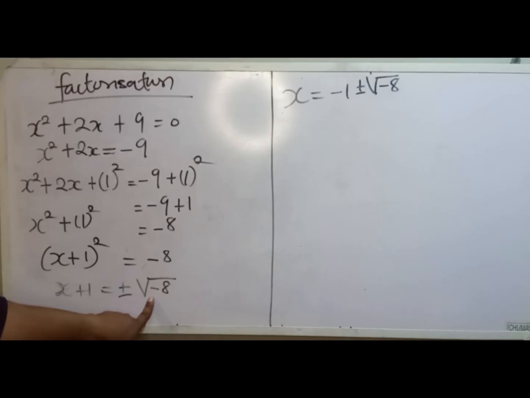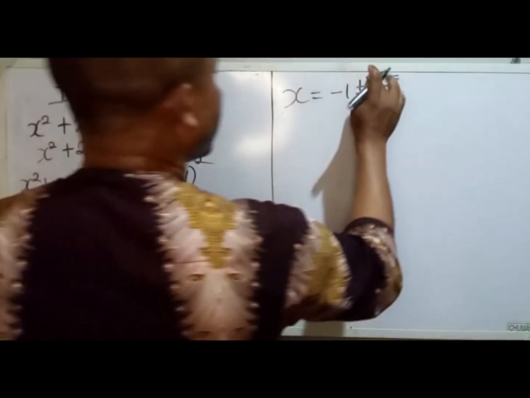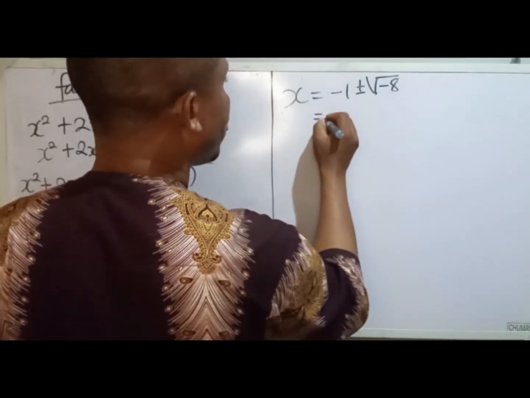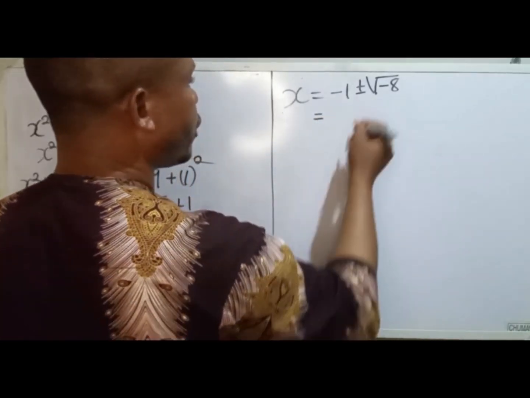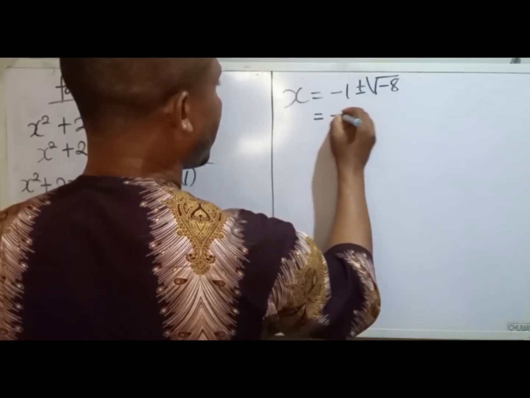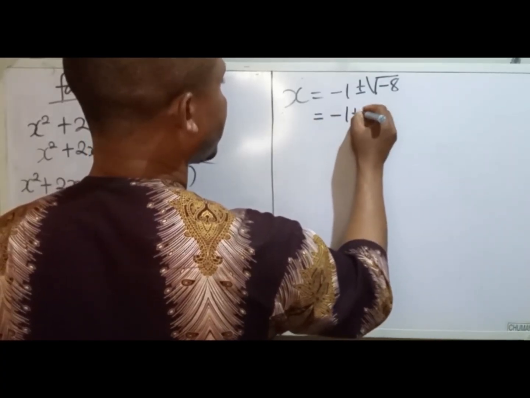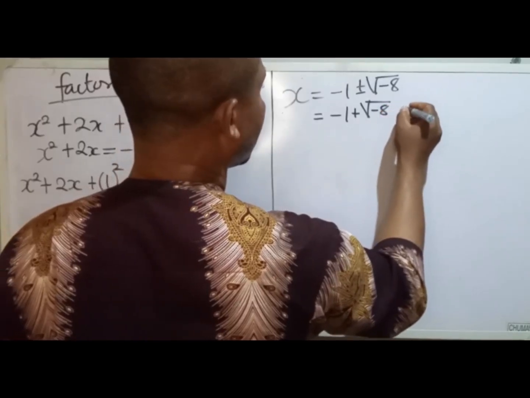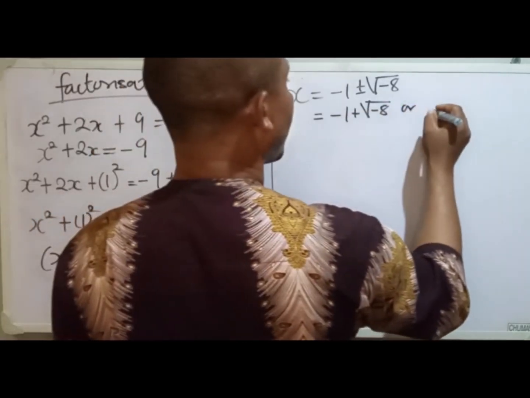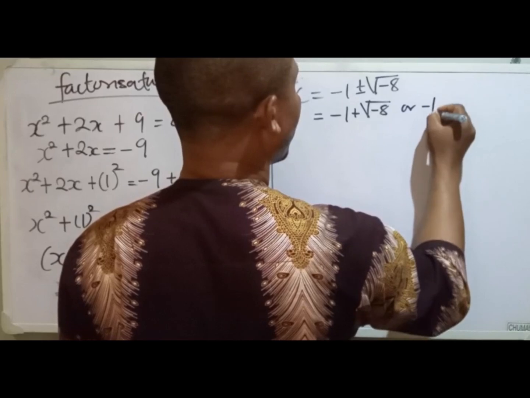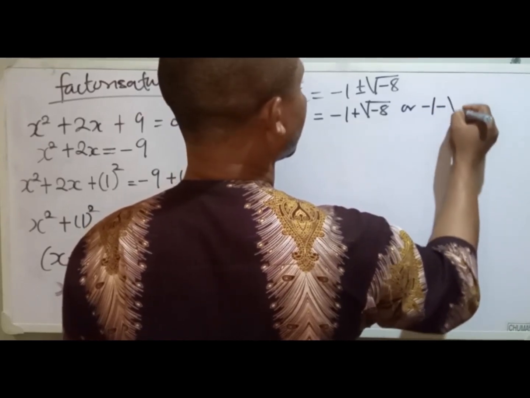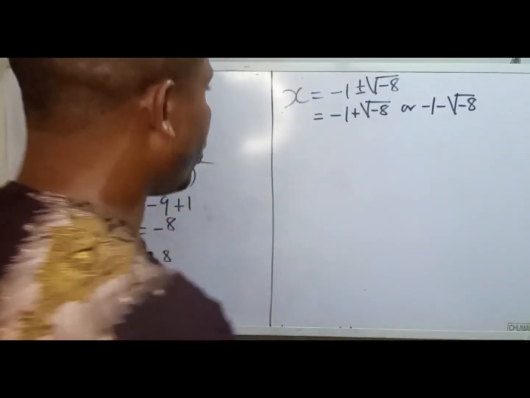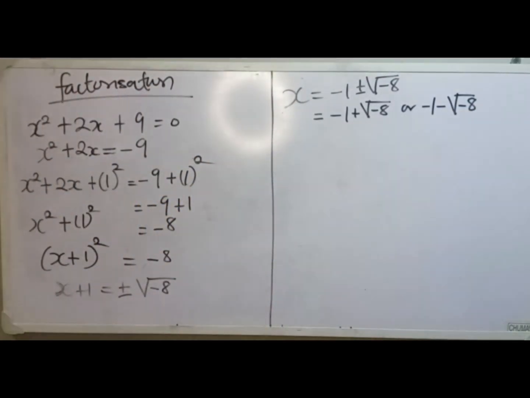So now we're just going to work on this. Obviously, we're going to have two roots from this. The first one is going to be minus 1 plus the square root of minus 8, or we're going to have minus 1 minus the square root of minus 8. So these are going to be the two roots.